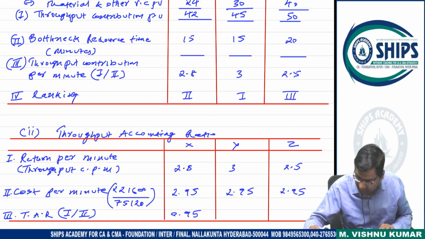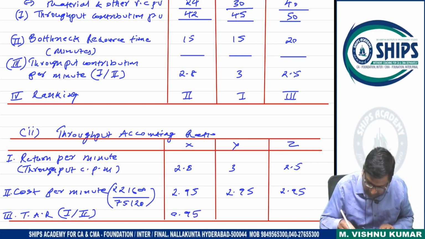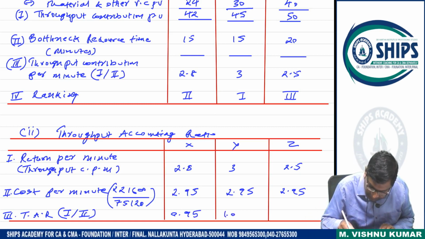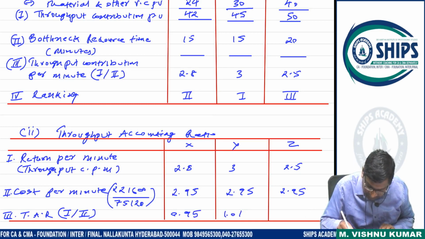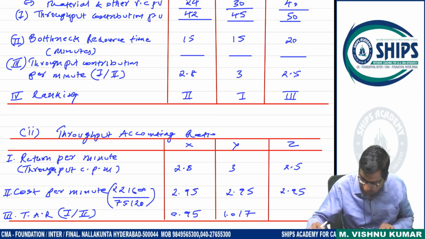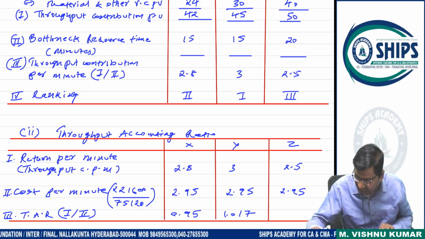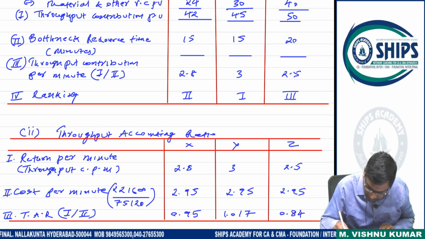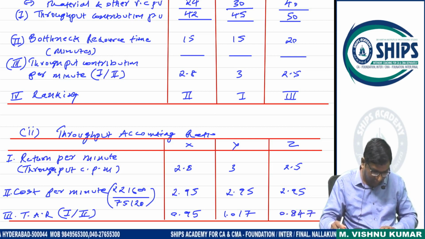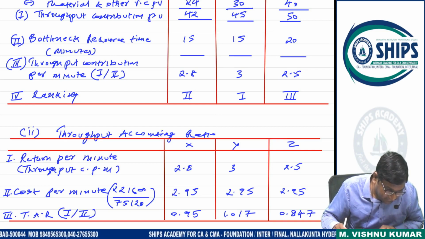Next, 3 divided by 2.95 is 1.01617. 2.5 by 2.95 is 0.847. This is the throughput accounting ratio.